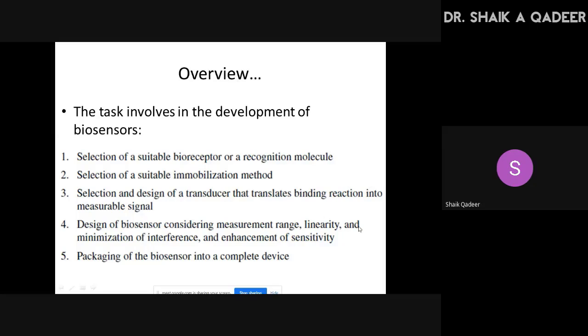Accordingly we will proceed to the completion of sensor development. Finally, after performing the first 4 tasks, we need to think about the packaging of the biosensor in a complete device.